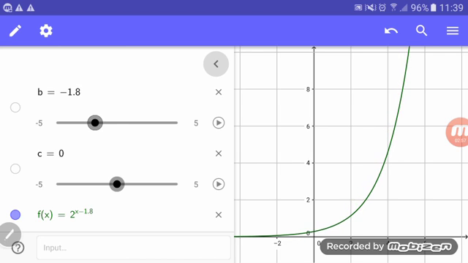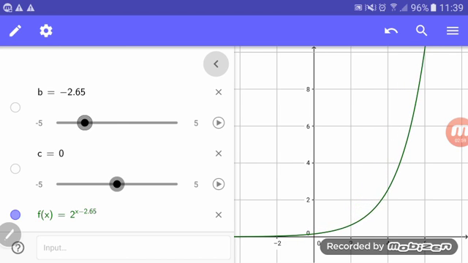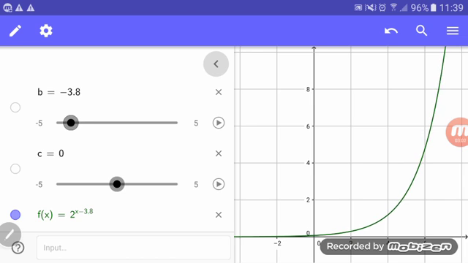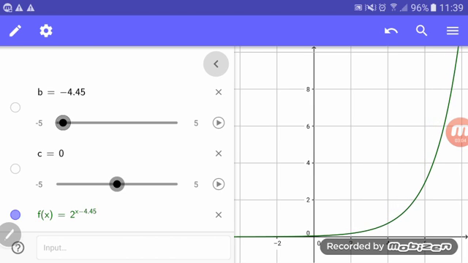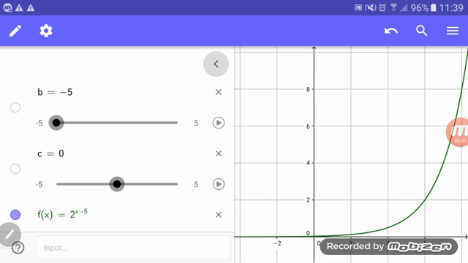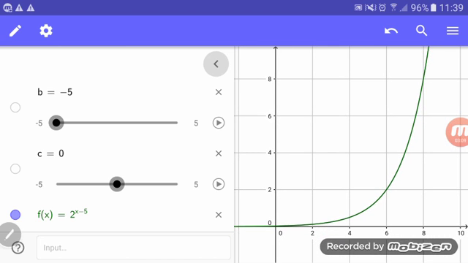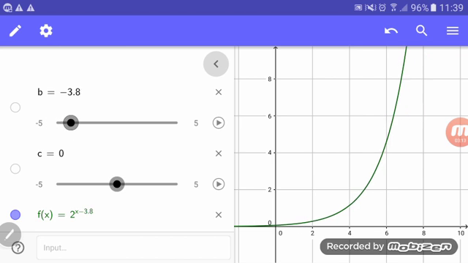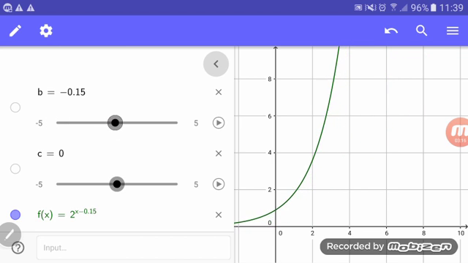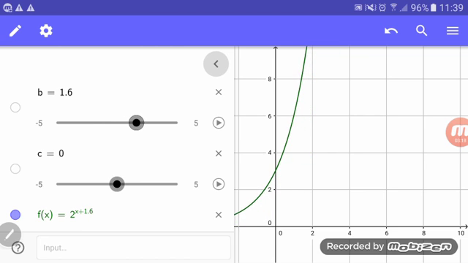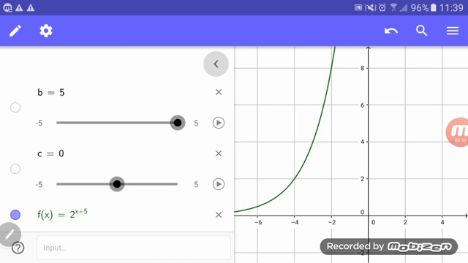Now what's happening to the graph on the right? That's right. As I increase the number that I'm subtracting, it goes further to the right, so it becomes more positive. Now if I reverse that and start to move it towards the positives, you'll notice that x plus something is going to move my graph to the left. So here I've got x plus 5.